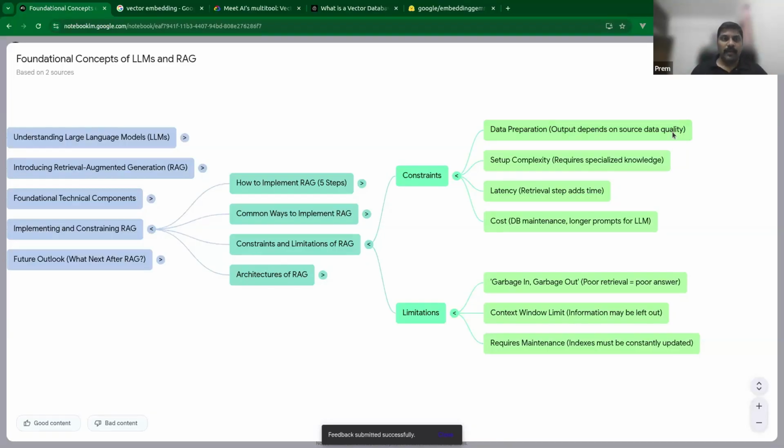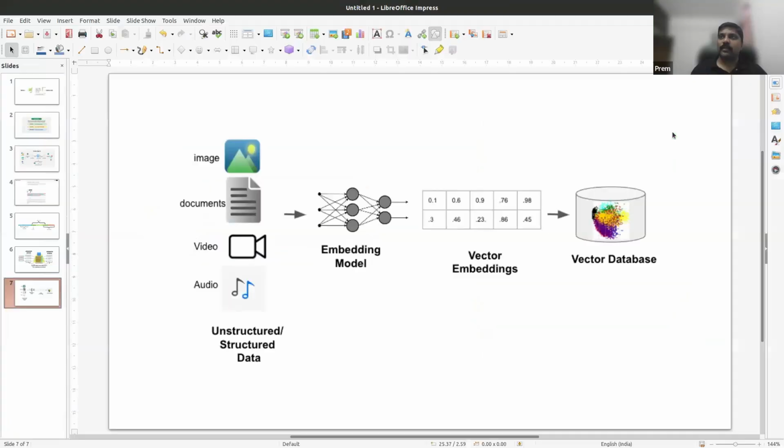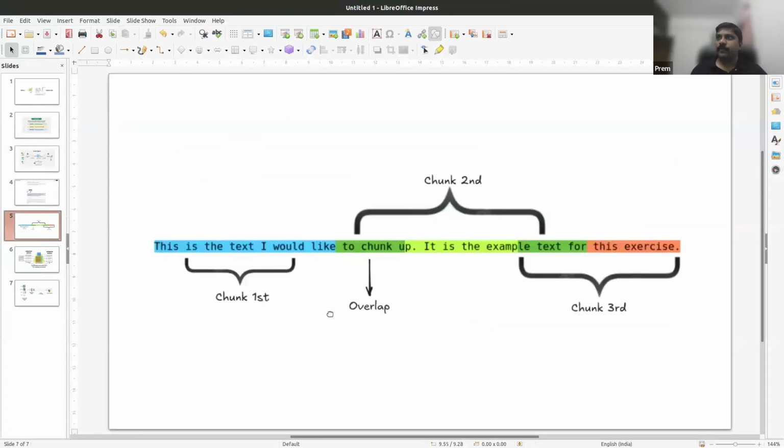Overlapping means you take some data from page 1 and add it to page 2, so that the same information is available in both places, and by that you give them some common information and force them to be closer to each other. Like this: if you are chunking the sentence into three parts, chunk 1, chunk 2, and chunk 3.